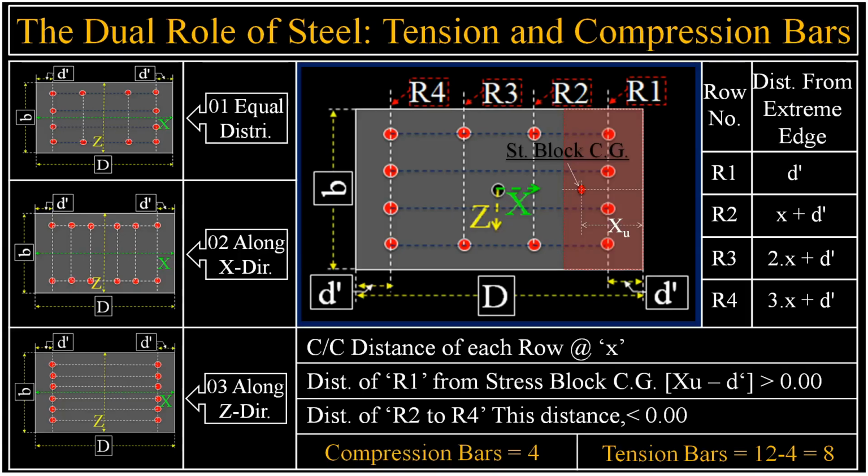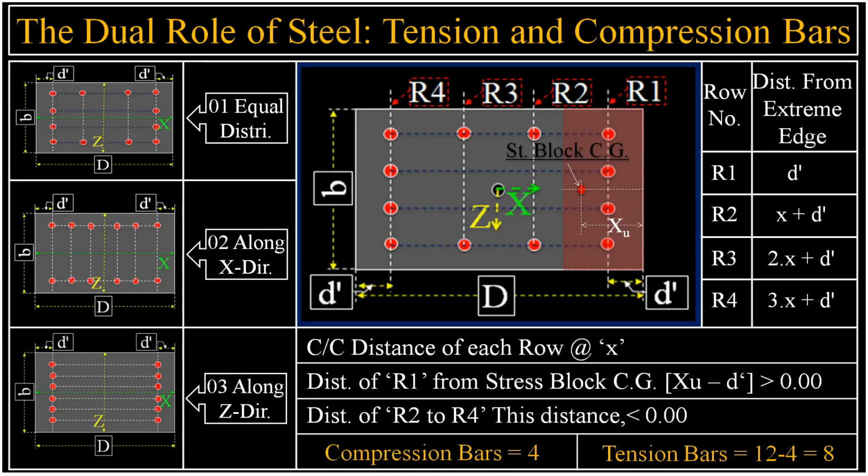For the specific load case shown here, we see that 4 bars in row R1 are in compression, and 4 bars in row R4 are in tension. For this specific xu shown in the diagram, the total count is 4 compression bars and 8 tension bars.